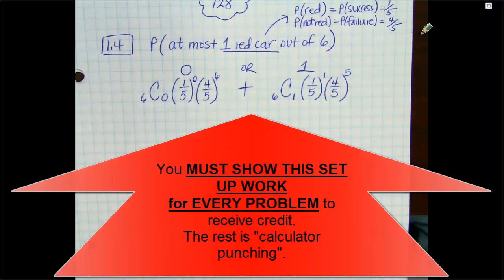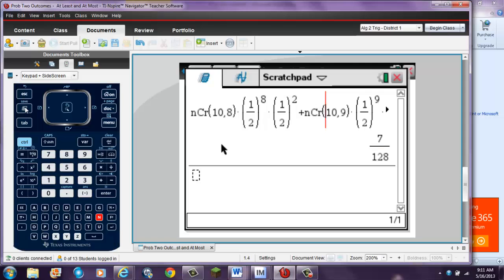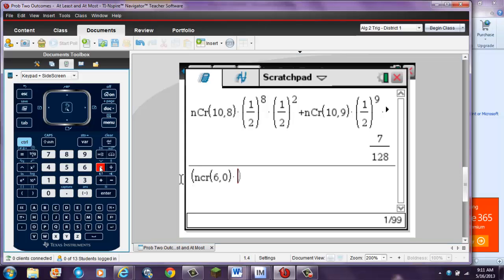There's your minimum work for full credit. Now go to your Inspire and type in the string of numbers. Again, I'm not going to talk you through it. You can watch, you can try on your own, you can pause, you can fast forward. Do what you need to do to learn how to solve this kind of a problem.